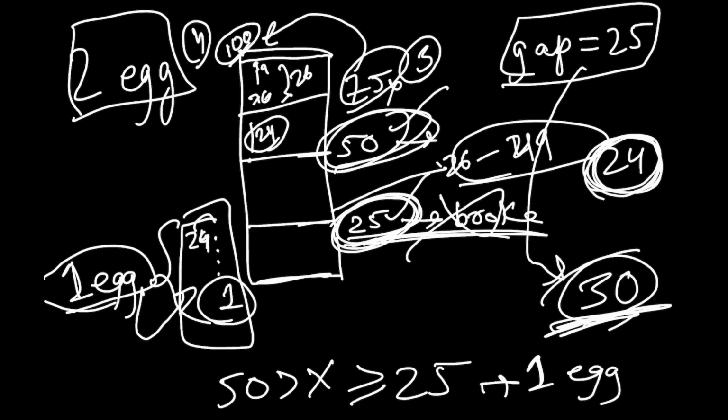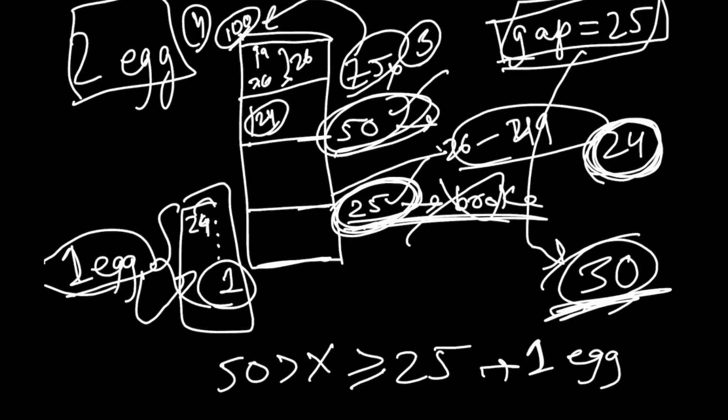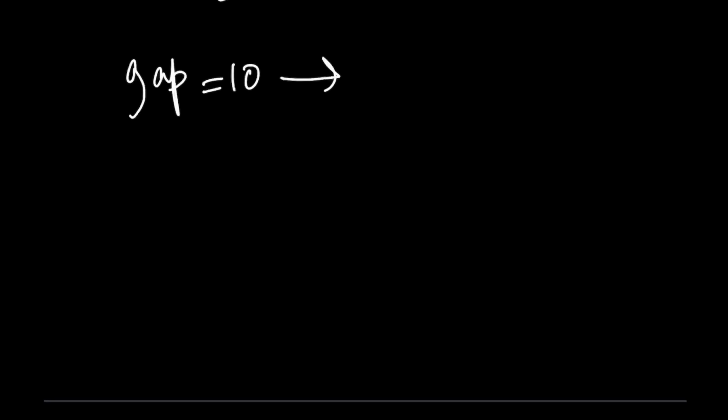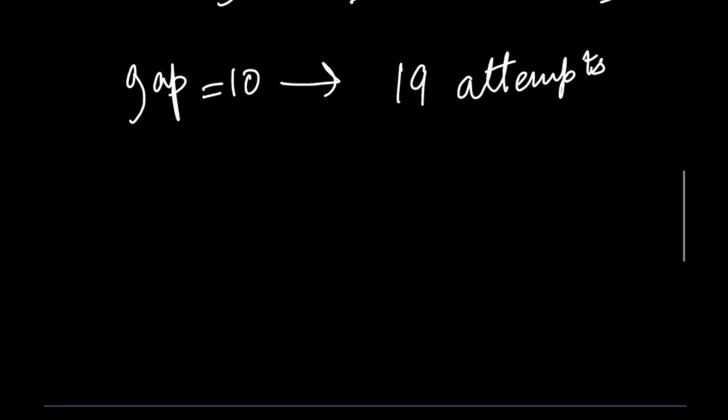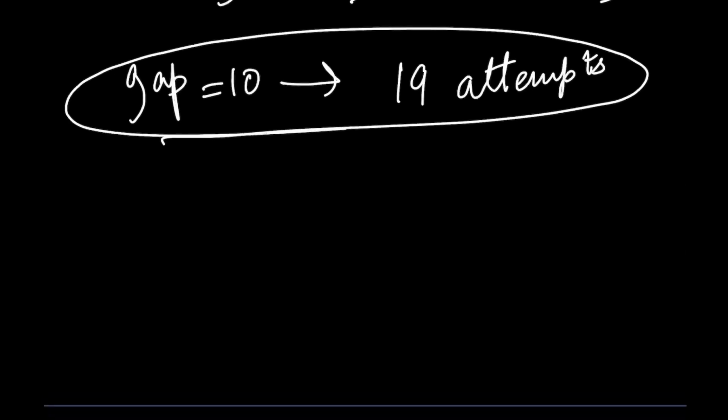And once you start playing around with the size of the gap, and trying to see how many attempts it would take in the worst case, we would reach the best possible option when the gap is equal to 10. In this case, it takes us just 19 attempts in the worst case to find out the value of x. However, this is not the optimal solution.